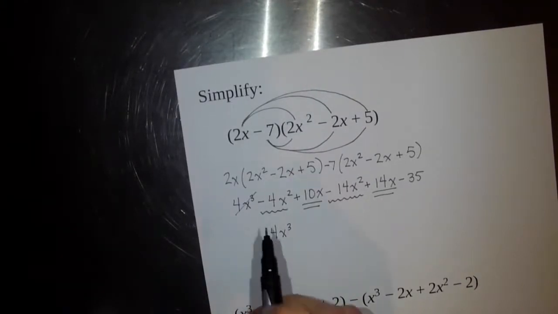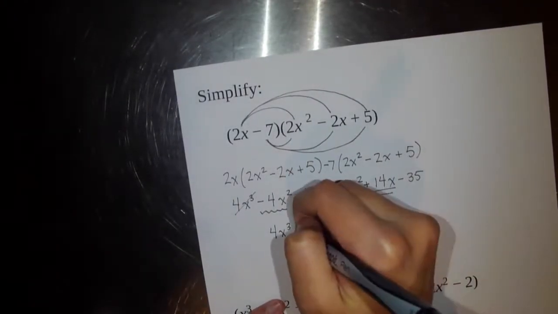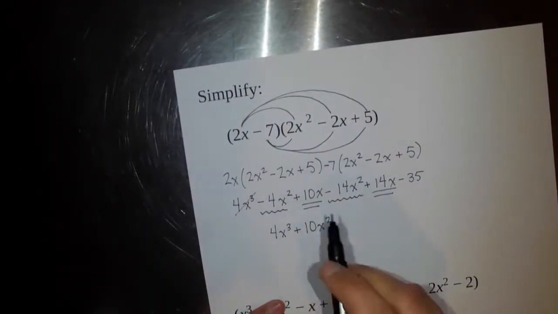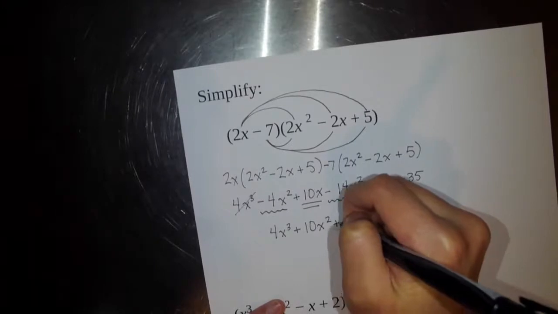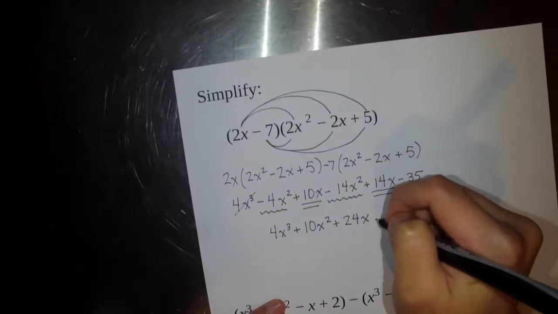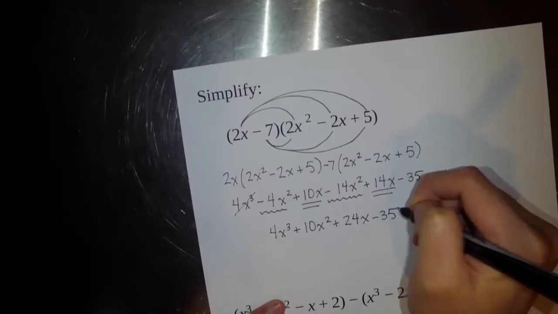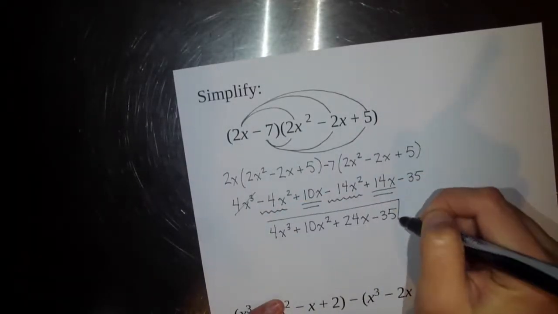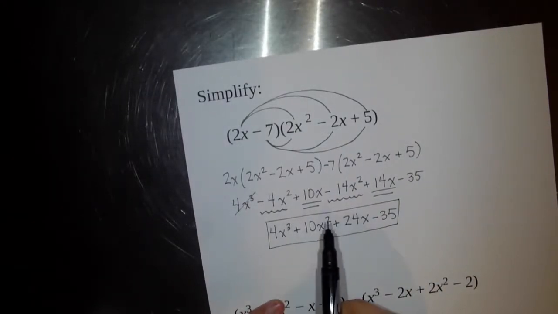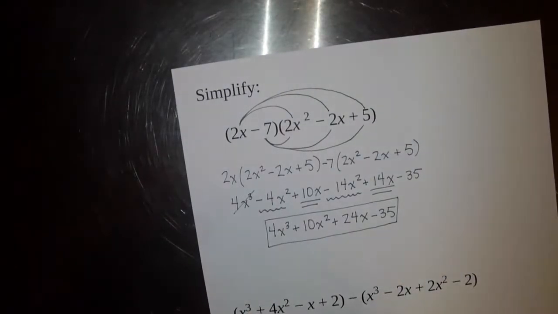So I'll do x squared next. -4 and -14 would give us a -18x squared. 10 and 14 is 24x. And then we'll have -35 at the end. So I wrote my answer in standard form here. I have the highest exponent, and it's in decreasing order for the exponents for x.